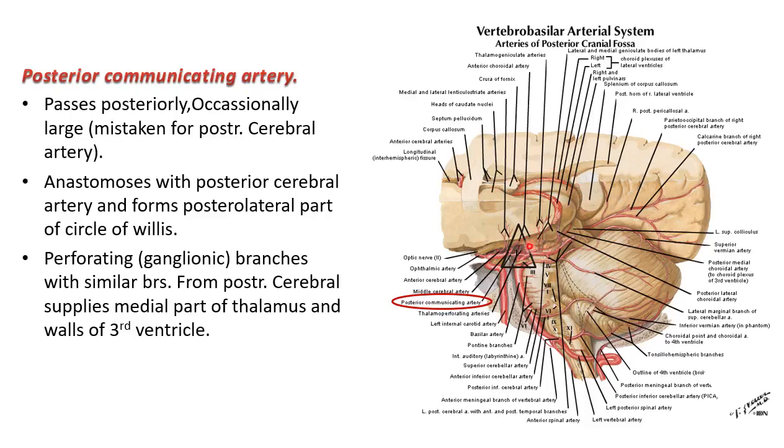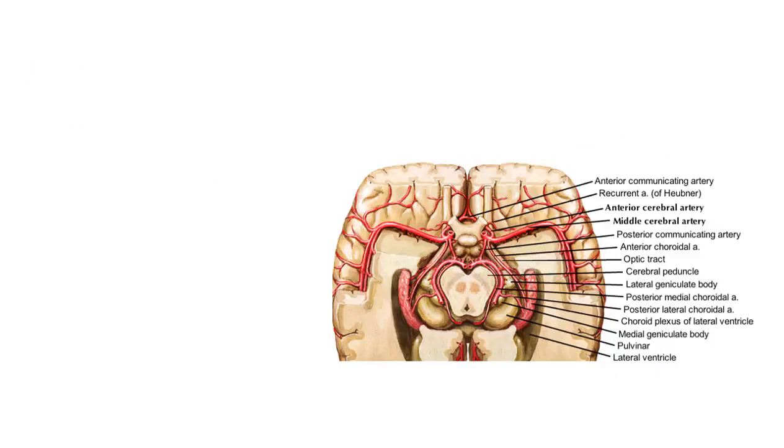So it is going to supply your medial part of the thalamus. You're able to see that the posterior expanded part is your thalamus. More medially you will have the third ventricle, and you very well know that the thalamus forms the lateral wall of the third ventricle.